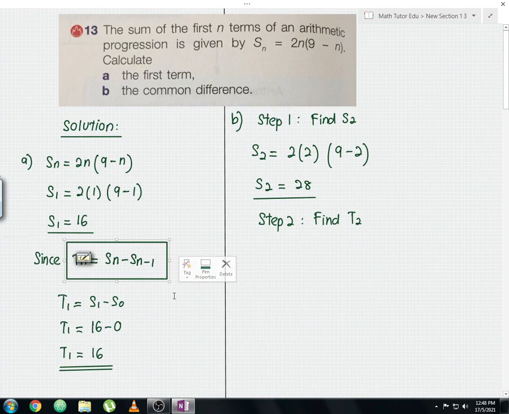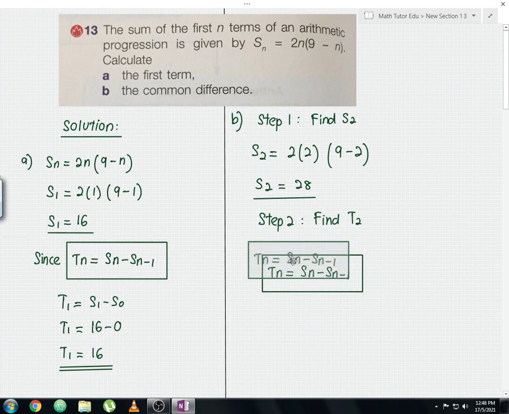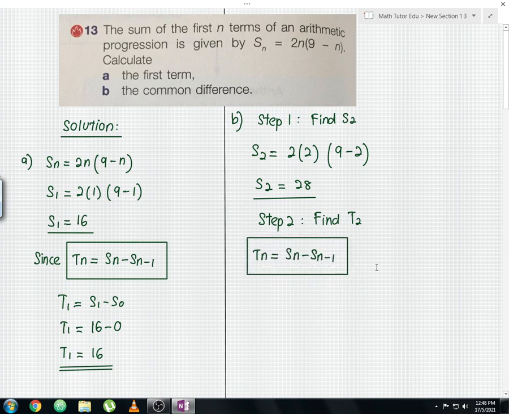Let me copy paste this formula. So T2 equals S2 minus S1, based on this formula, guys. I hope you understand the concept behind this.